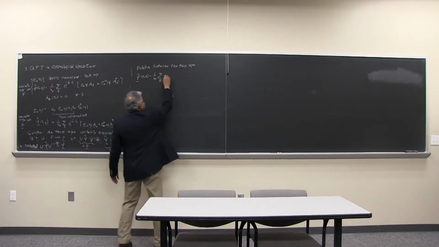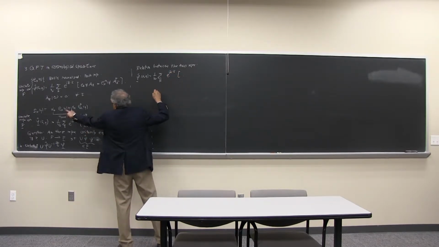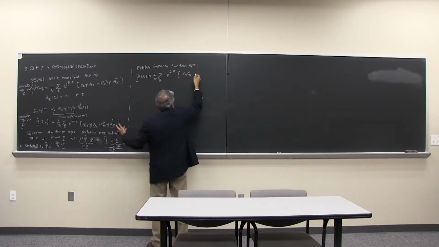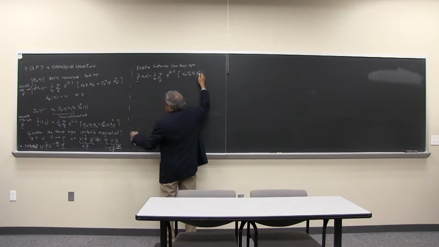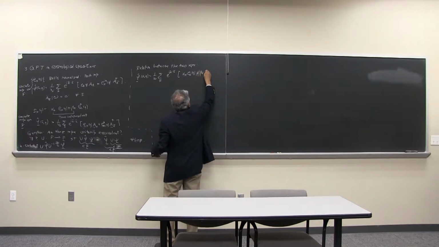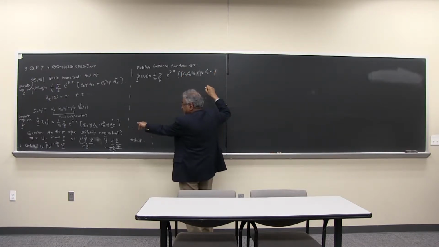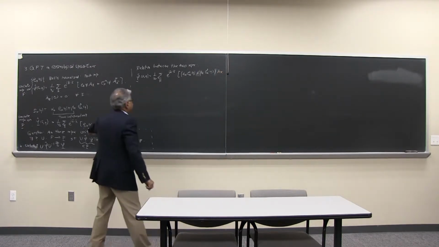So I just write this as e to the i k dot x times e k. I substitute for e k and I get here alpha k e bar k of eta times a bar k, plus beta k e bar star of eta times a bar k.